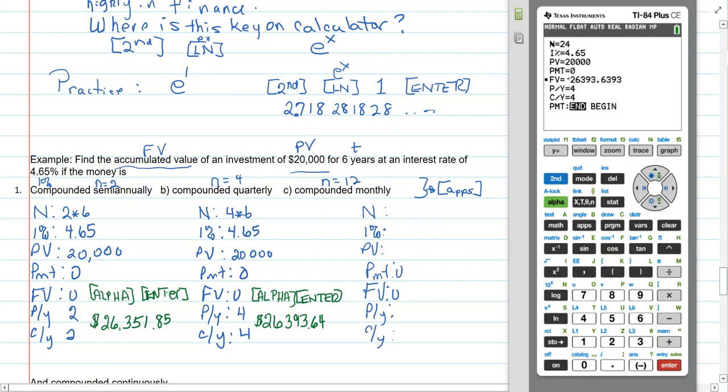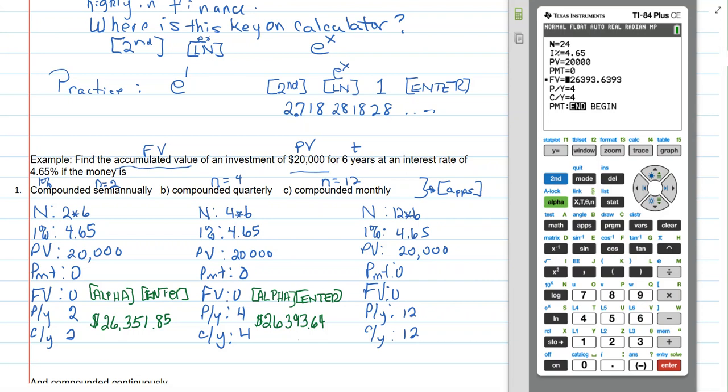So we have our 12 times 6, 4.65, still the 20,000. 0, 0, and this P/Y and C/Y are 12. And you have to be very careful about that. It won't come out with a correct answer unless you structure it correctly. So we're going to do an alpha enter here. Solve.